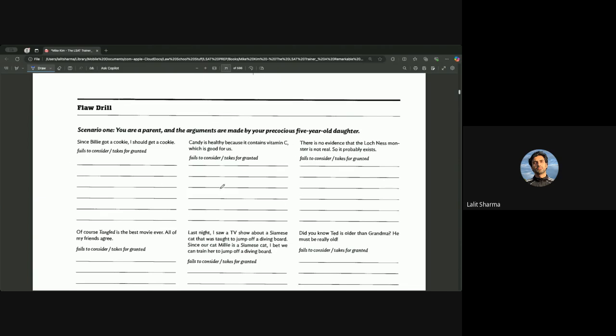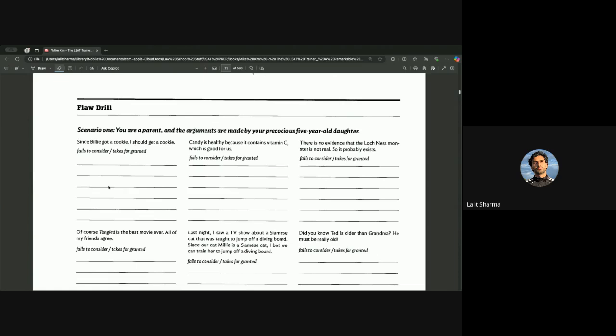This first one, it's not exactly what I was saying, but this also wants you to learn about fails to consider and takes for granted. So this is similar again to weakening, but it's actually flaw questions. Flaw questions are going to be the ones that have fails to consider and takes for granted.